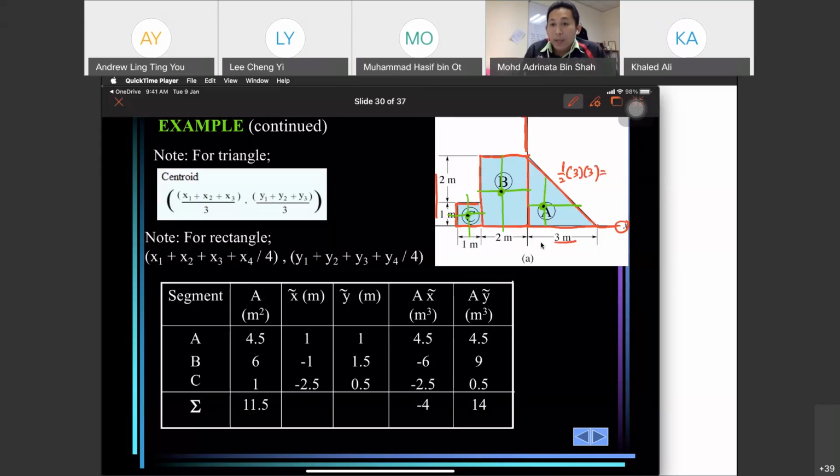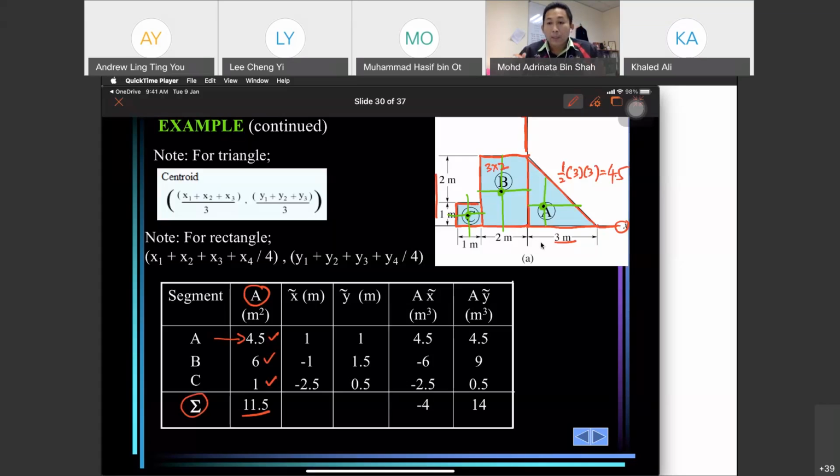So 9 divided by 2 is 4.5, so the area for A is 4.5. Area for B, 3 times 2, so 6. Area for C, 1 times 1, so 1 meter square.